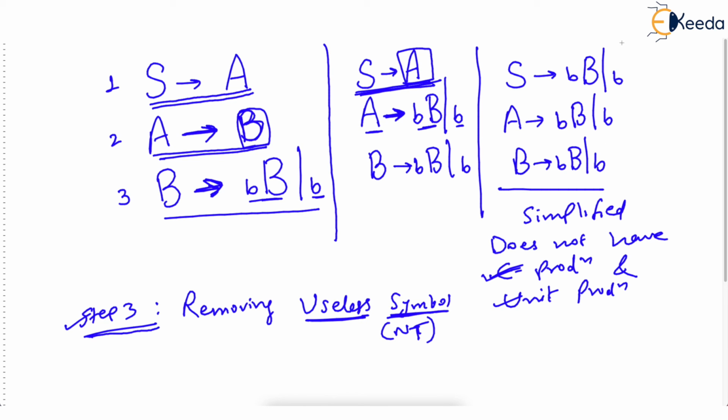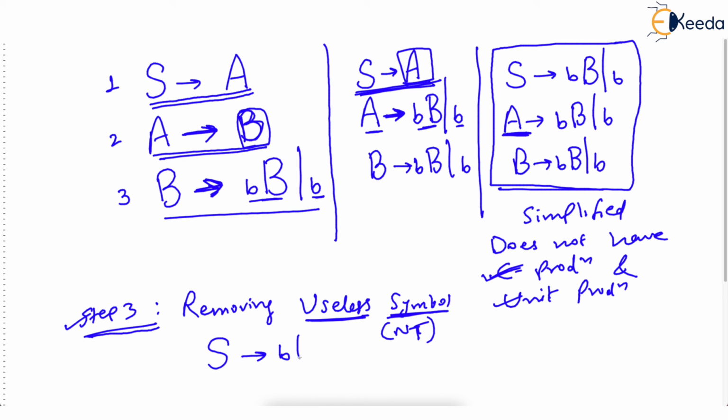Now observe this simplified grammar. Just check, A is useless here. Why? Because if derivation starts, it always starts from the start symbol, and this start symbol may give bB. If it gives b, note, we will use this production. B gives bB or b. Just check this. This production we will use.